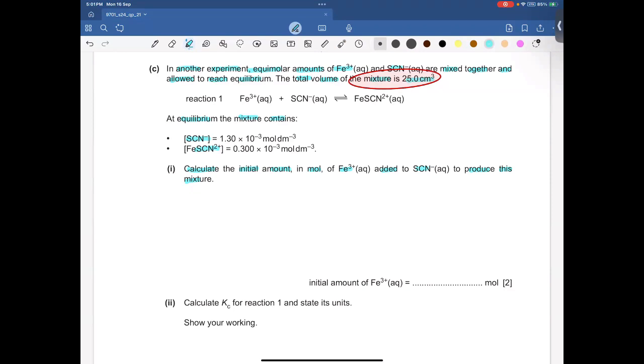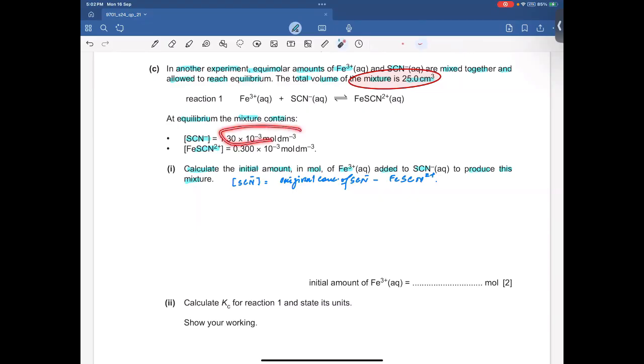So first of all, we need to understand that the concentration of thiocyanate ions is actually the original concentration of SCN- and the concentration of FeSCN2+.